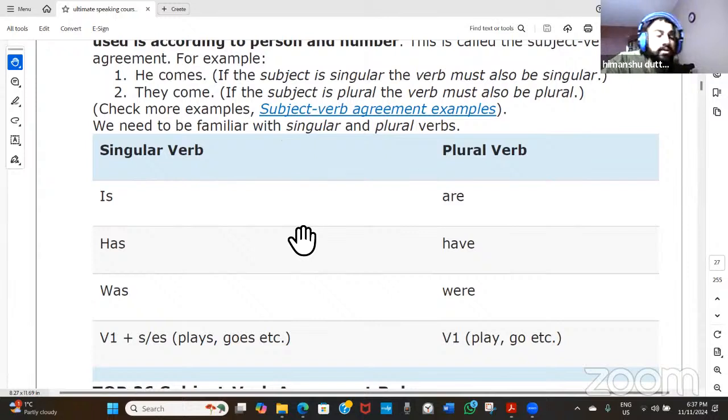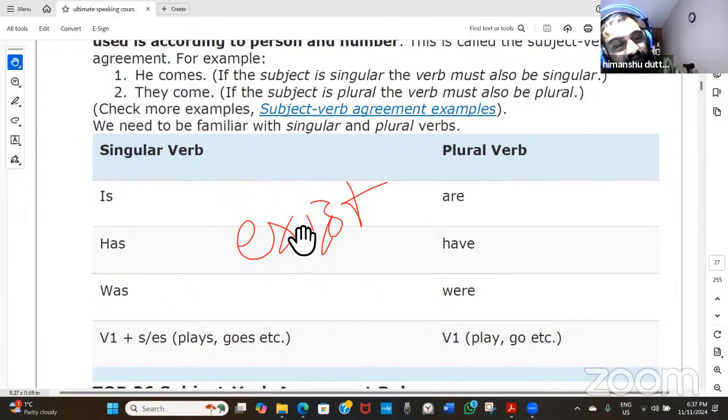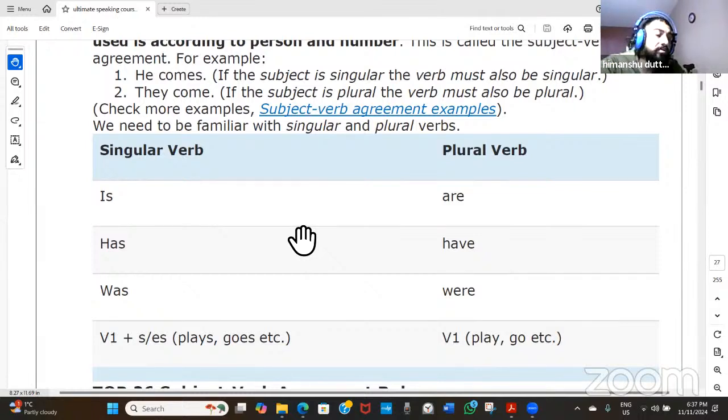And it means, when we say the presence of being something, like if I say he is a teacher, that's all about the existence. When we talk about the existence of something, how something exists, or whether its presence existed in the past or the present, it depends upon the verb here.